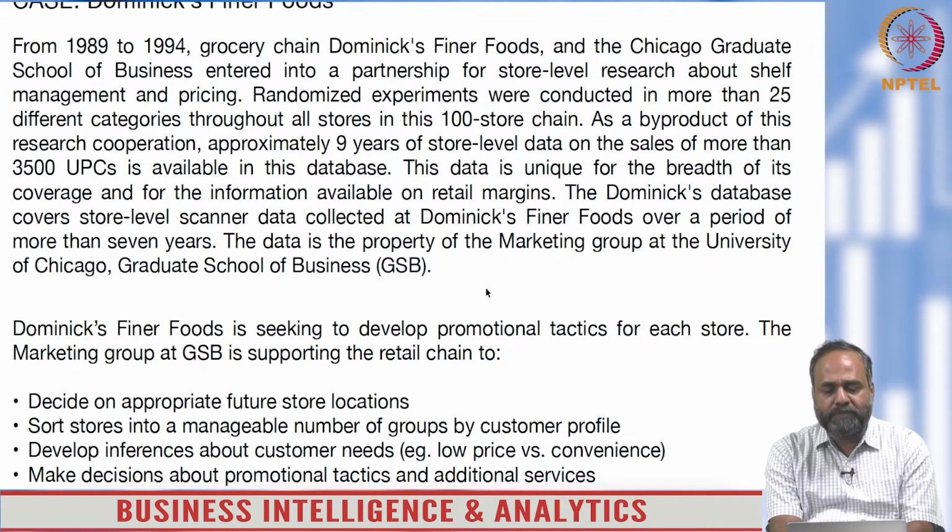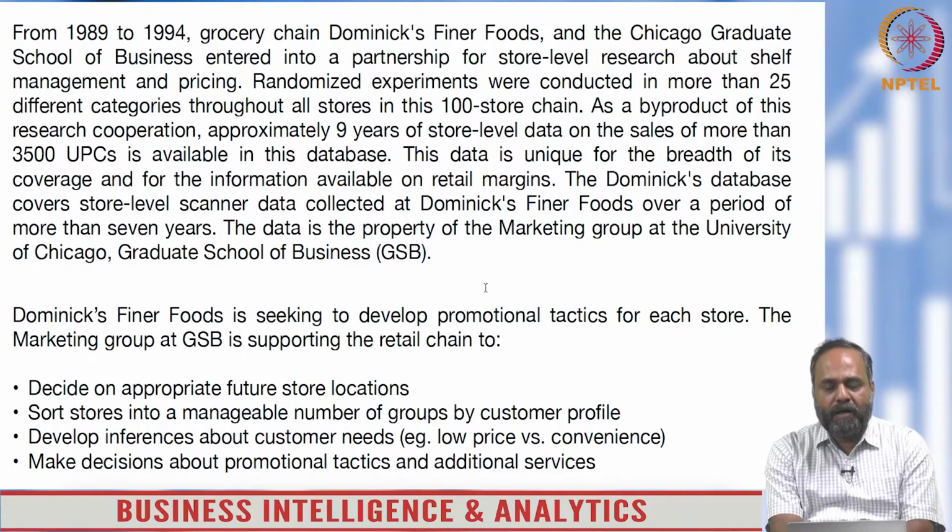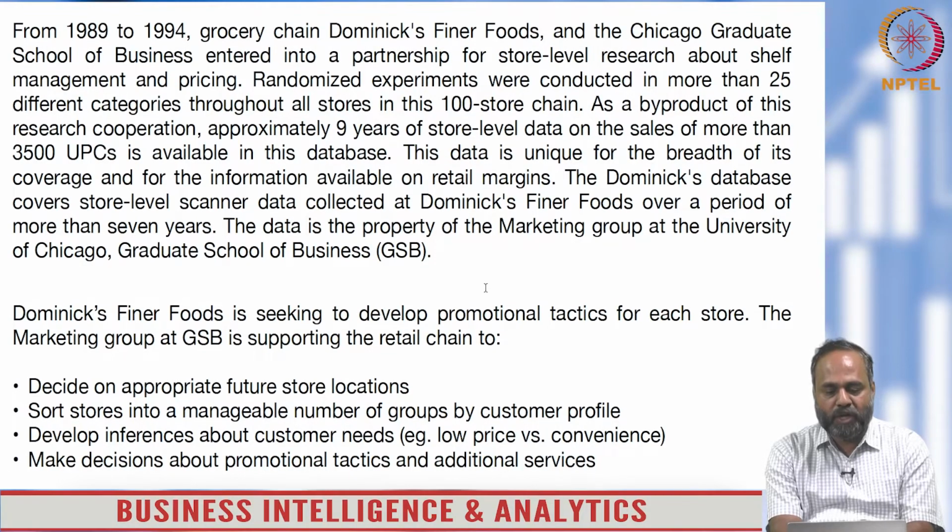The case describes first the context that Dominick's Finer Foods is a retail chain, a grocery chain in the USA, and it has about 100 stores or beyond. These stores are basically selling grocery, and grocery means a lot of items.